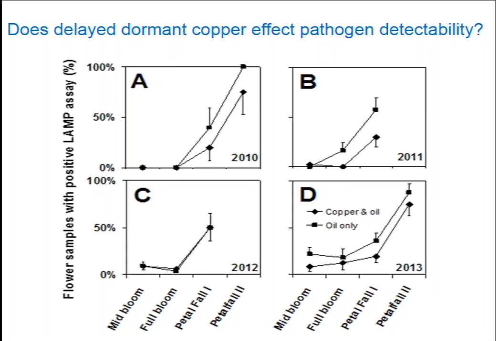In the year 2012, basically what happened was, don't forget this is a prophylactic treatment, and so because it was such a long, cold, wet year, you had two things happen. First of all, you had a very long period between when you put the copper on and when you finally bloomed.